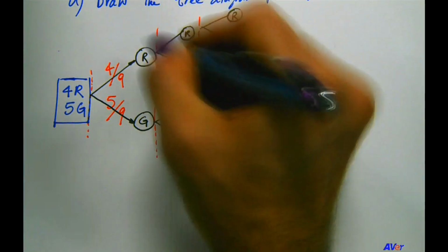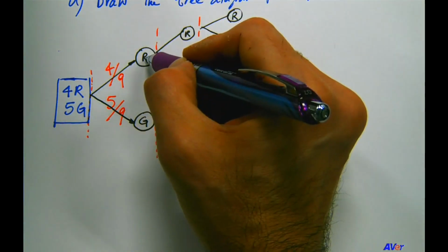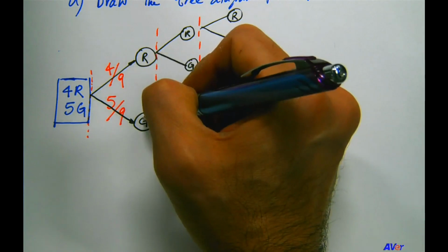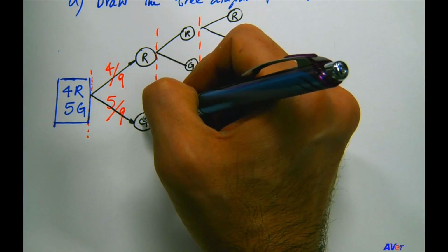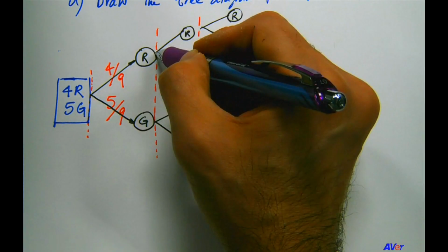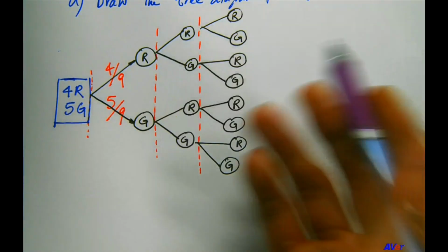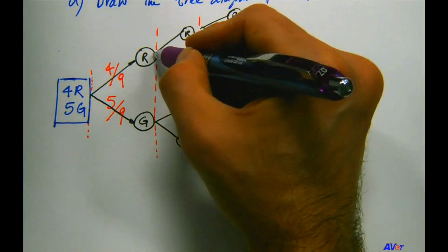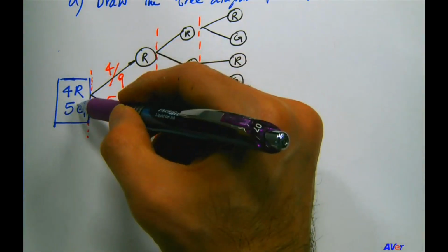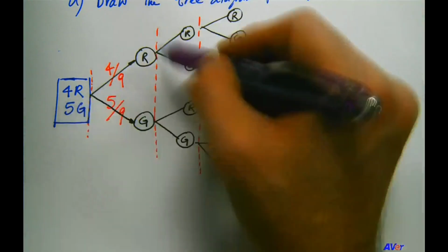Okay? So, if we're here, then this didn't happen. The green one never came out. So at this point, we still have 5 green objects out of 8 objects, right? Because this red one is out. So we have a total of 8 objects left, out of which 5 are still green.